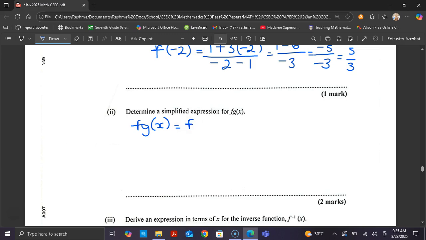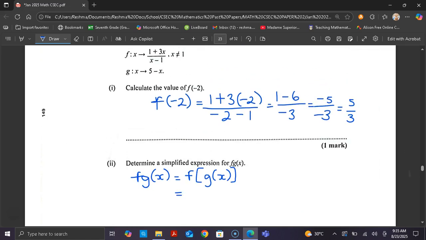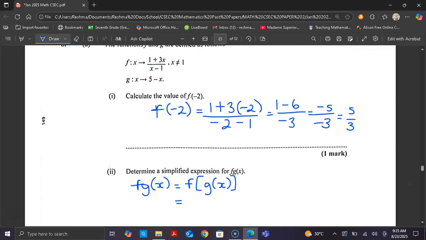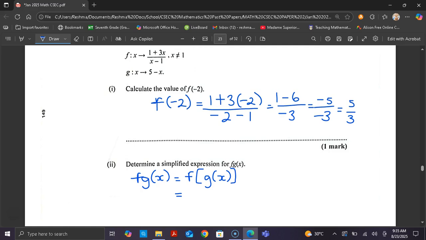So I normally write it like this: fg of x is equal to f of g of x, where g of x is the inner function, which means to find the composite function, all we have to do is substitute g of x into the expression for f of x.